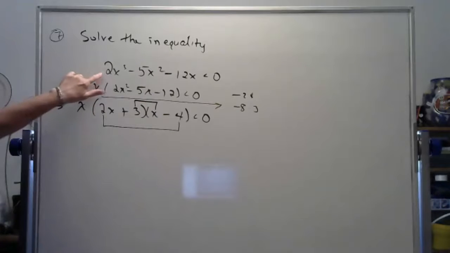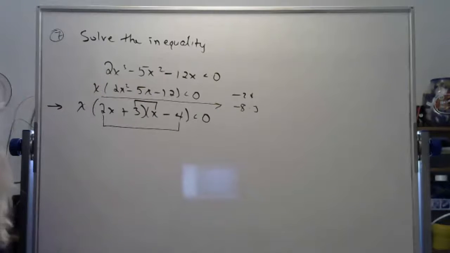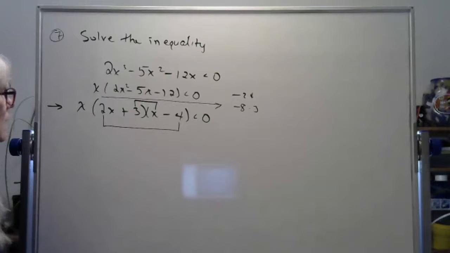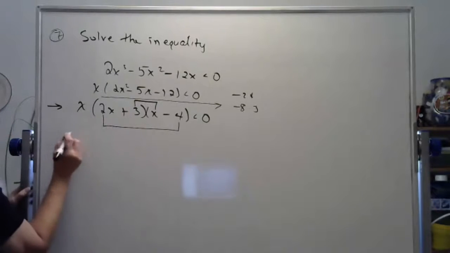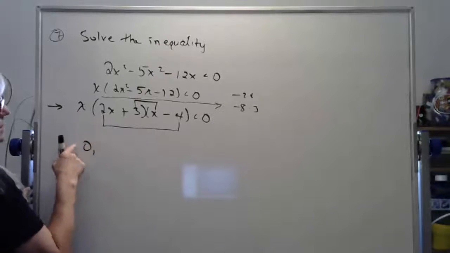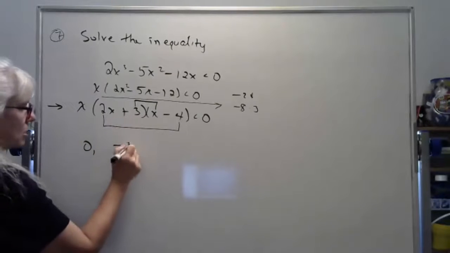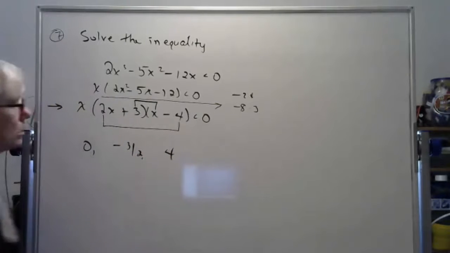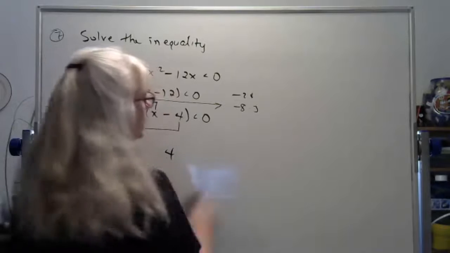So it's that leading coefficient of 2, and we've not done a lot of those, and that's part of what's coming back to bite us here. That leading coefficient of 2 is important. So then our zeros: we've got a 0 from the x. From that first factor, we'll have a -3/2, and from the second factor, we'll have a +4. So now I'm going to go to a number line.